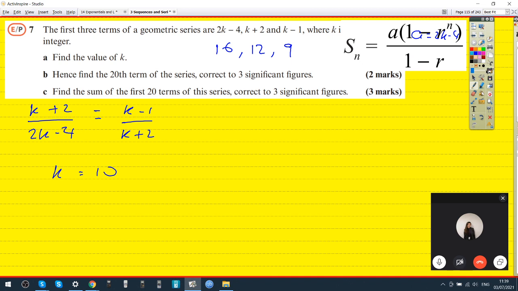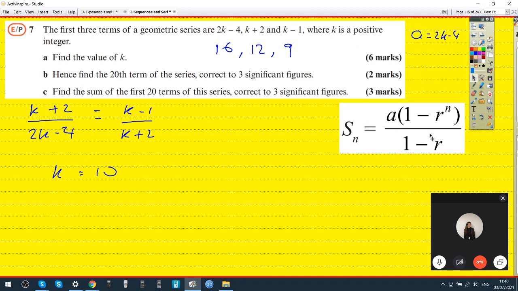We want to work out the common ratio. So you can do that by making it S20, right?